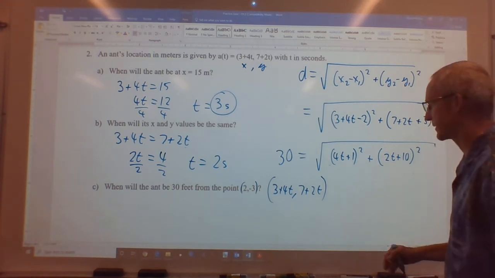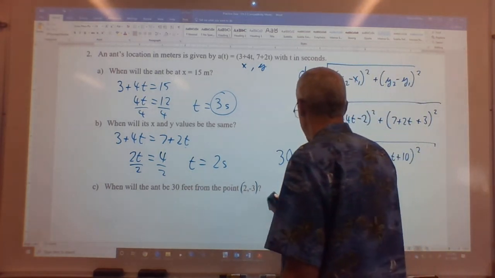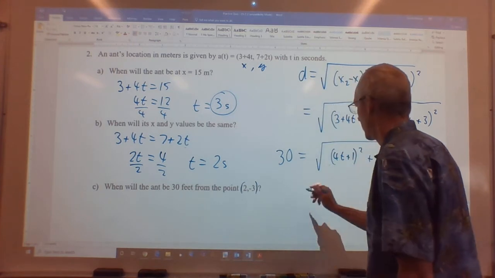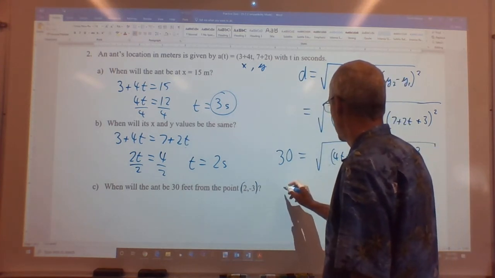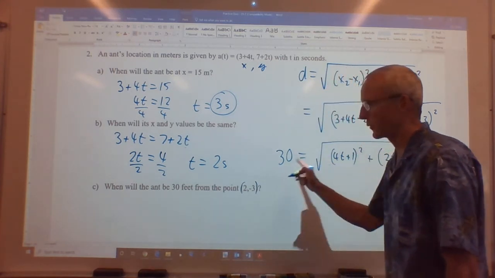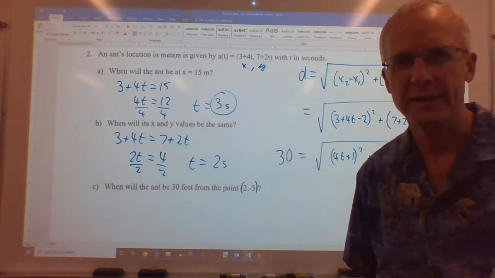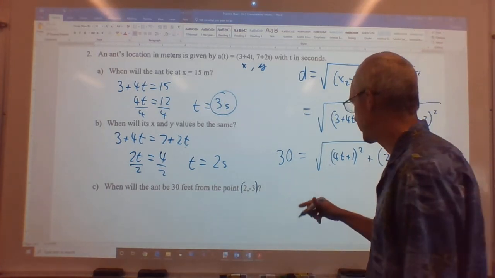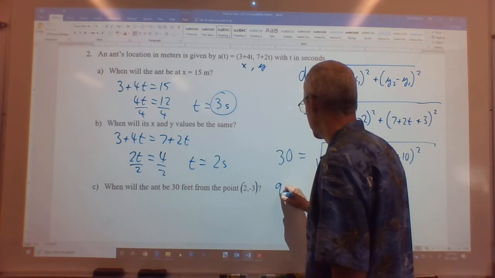Now we have a lot of squaring to do. I'm going to erase this here. Okay, and I'm going to square both sides to get rid of the square root, just because I'm tired of writing the square root, wasting ink in my pen. 30 squared is 900.